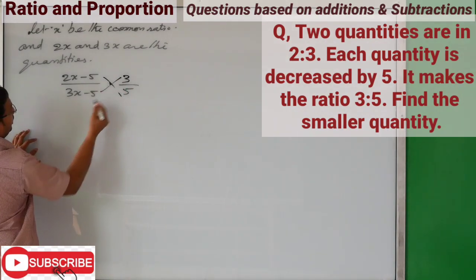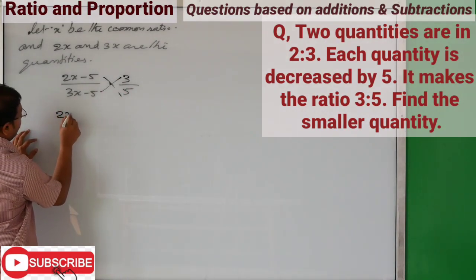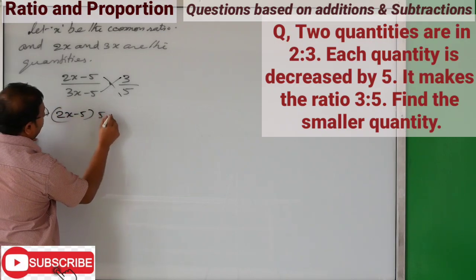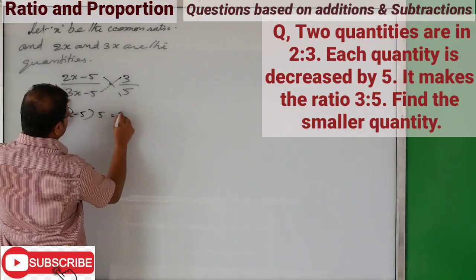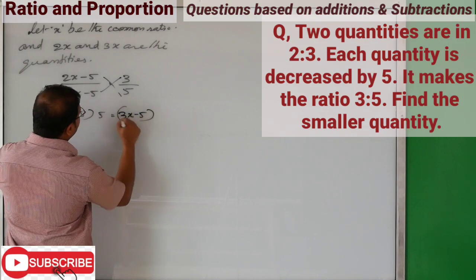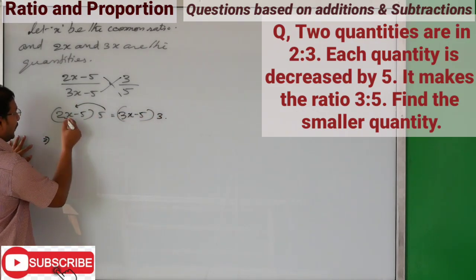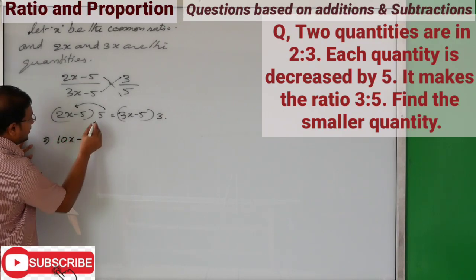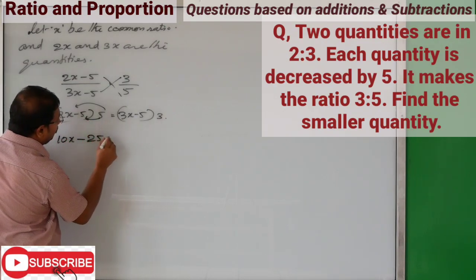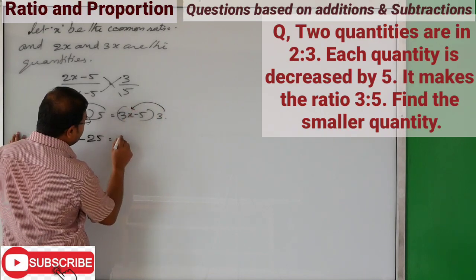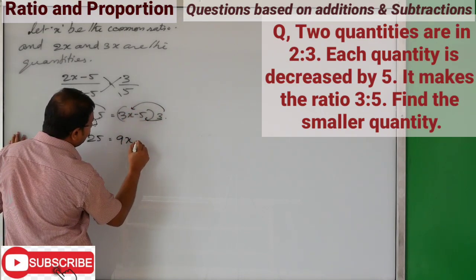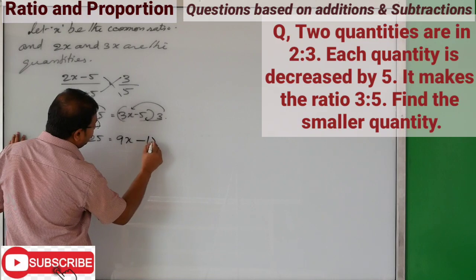This 2 we will write first: 2x minus 5 into 5 equals this 2, that means 3x minus 5 into 3. This implies we'll open the bracket. 5 2s are 10, so 10x minus 5 5s are 25 equals 3 3s are 9x, and 3 into 5, that is minus 15.